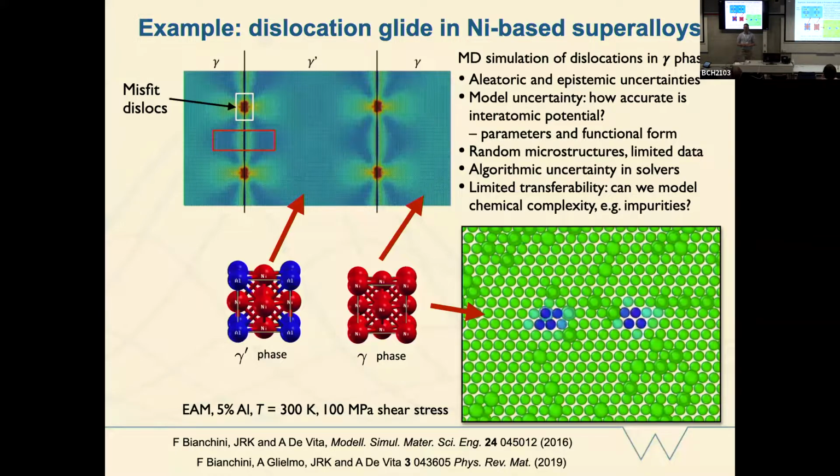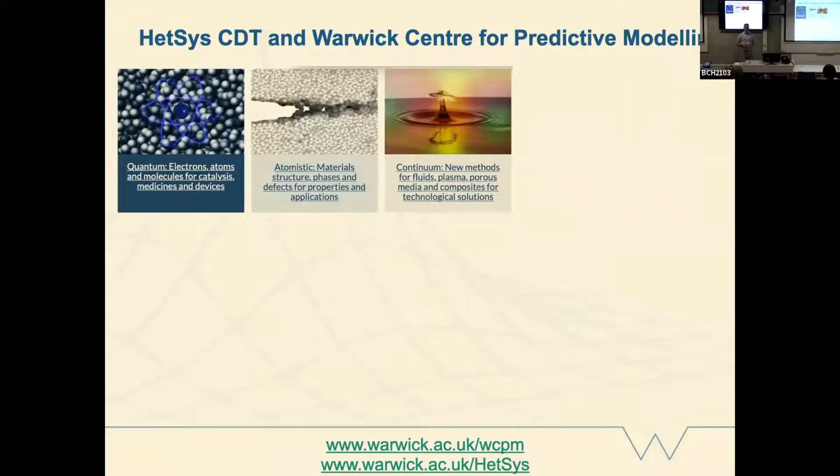The other reason that I got interested in uncertainty over the last few years is because it's one of the things that we've built into the training centre. We've got a Centre for Doctoral Training, Modelling Heterogeneous Systems, bringing together quantum mechanical and continuum systems across the scales.